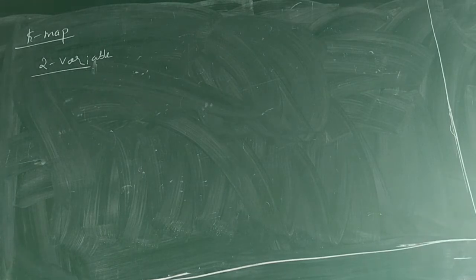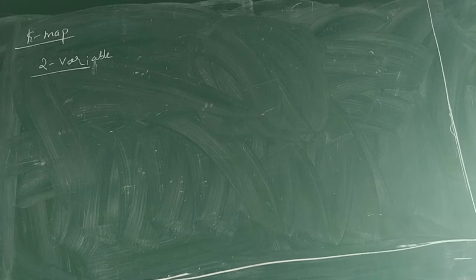First thing, what is the purpose of K-map? Whenever a function is given, applying Boolean laws for the purpose of simplification takes time, and also we have to remember the Boolean rules. Sometimes there is a possibility of making mistakes.